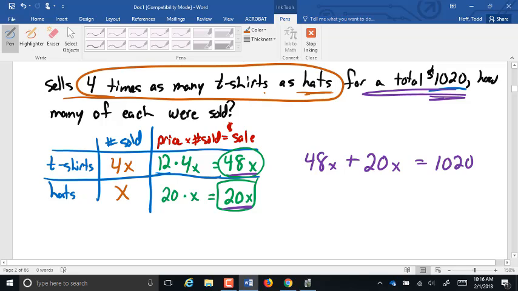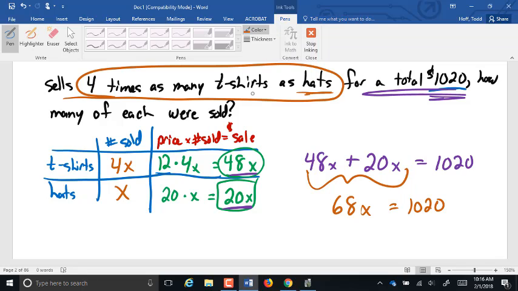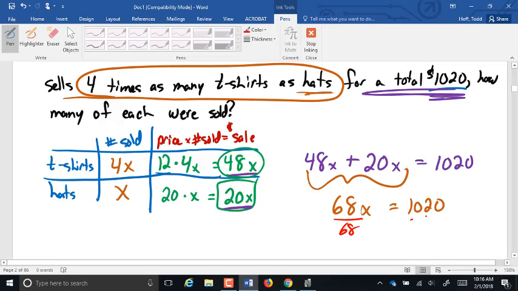So now what are we going to do to solve this? Careful. When we have an X appearing more than once, if they're on the same side, we combine them. Opposite sides, we get rid of them. These are on the same side. So 48 and 20, 68X. And then divide by 68. 1,020 divided by 68 is 15.